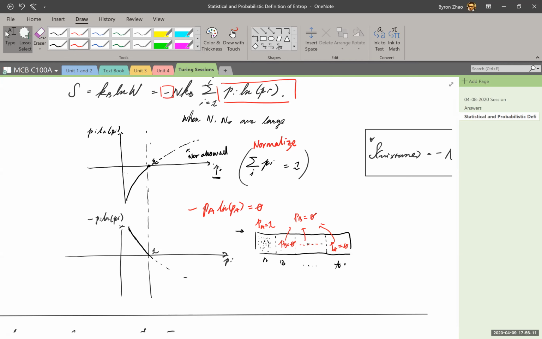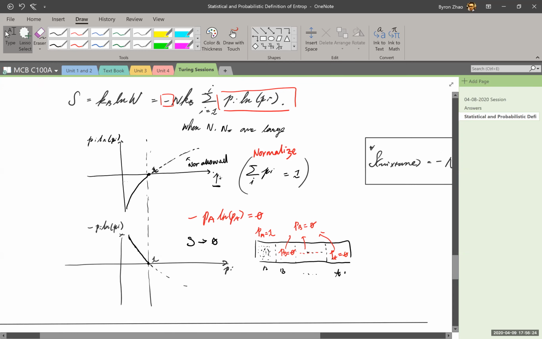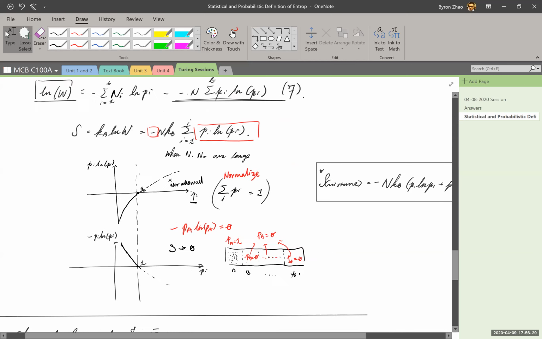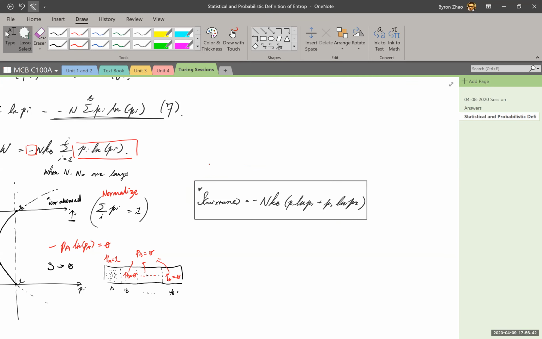So in this case, our entropy is 0, which is a very organized macrostate, and probabilistically speaking, it is very unlikely. So in question number 3, you'll be using this boxed formula right here to figure out the entropy of the system.